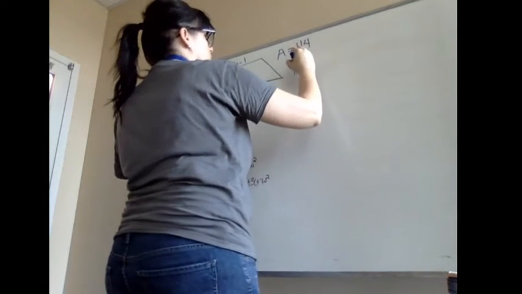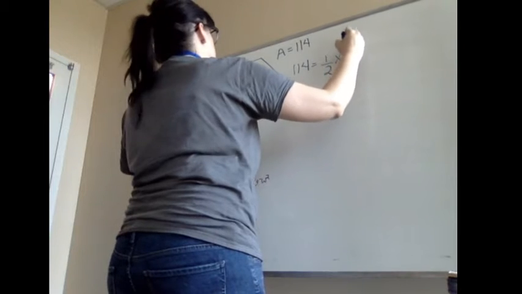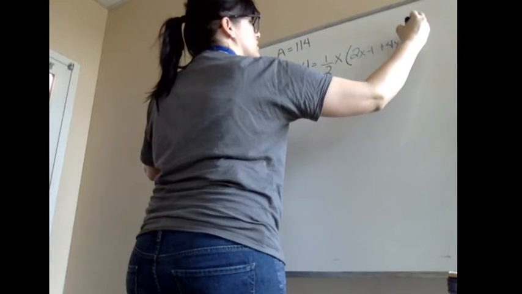Okay, so 114 equals, my area is going to be 1/2 times my height times 2x minus 1 plus 4x plus 3.